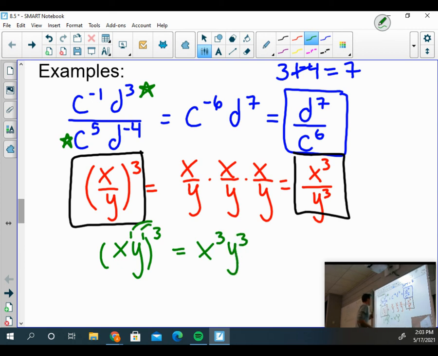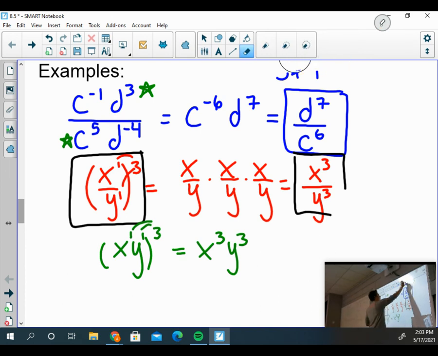The same thing is happening here when you have a quotient to a power. When I have a quotient to a power, again, you're going to apply those power to a power rules, but you just need to ensure that each item in the numerator and denominator of your quotient, of your fraction, gets that exponent distributed to it.